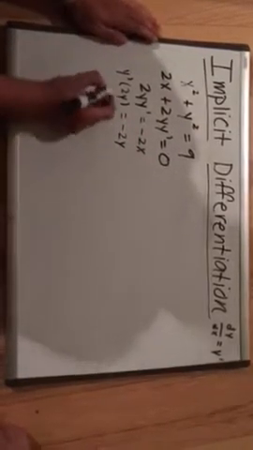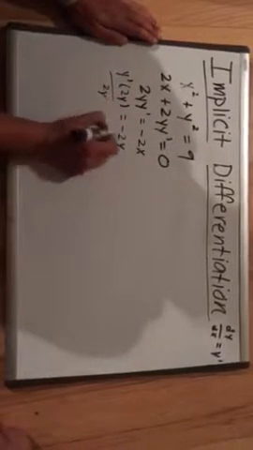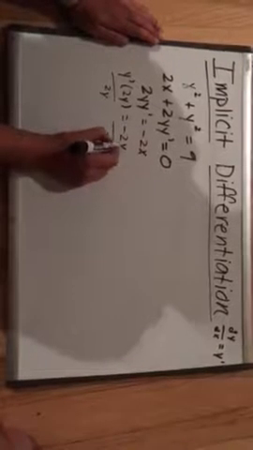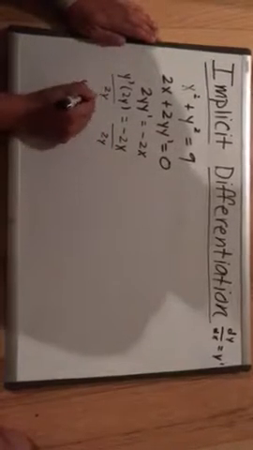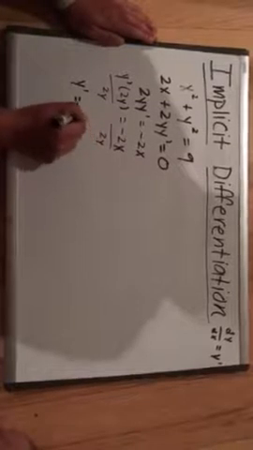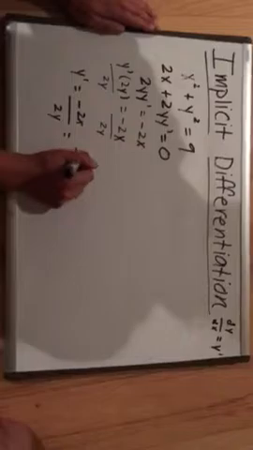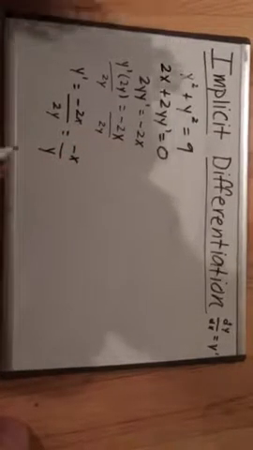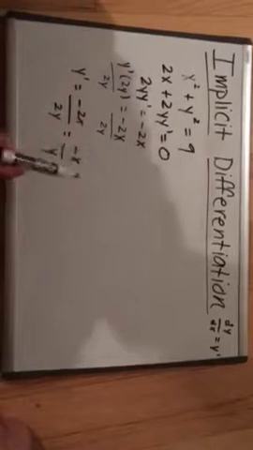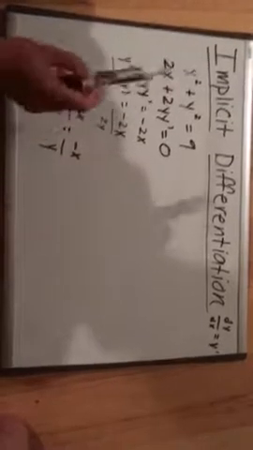Isolating y prime, we're going to divide by 2y, divide by 2y, and you have y prime equals negative 2x all over 2y. That can be simplified to negative x over y. So the derivative of this equation is negative x over y, doing it implicitly.